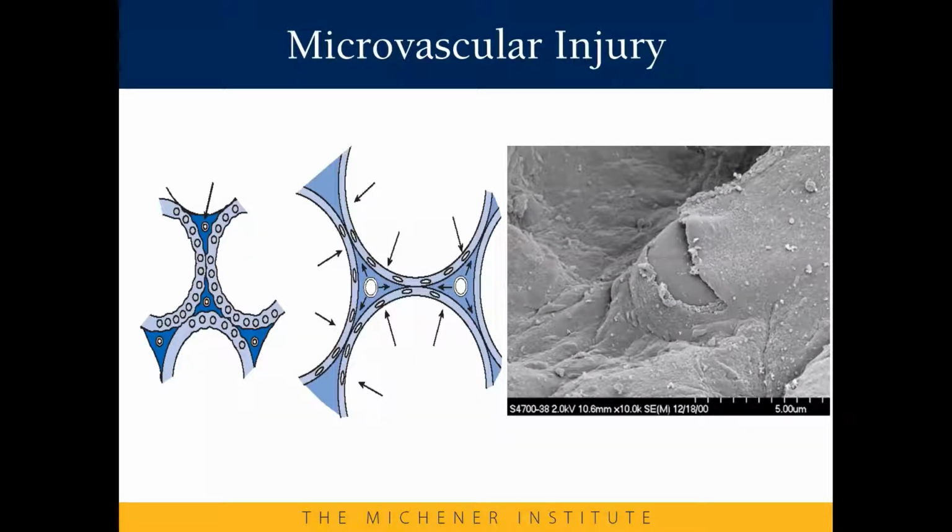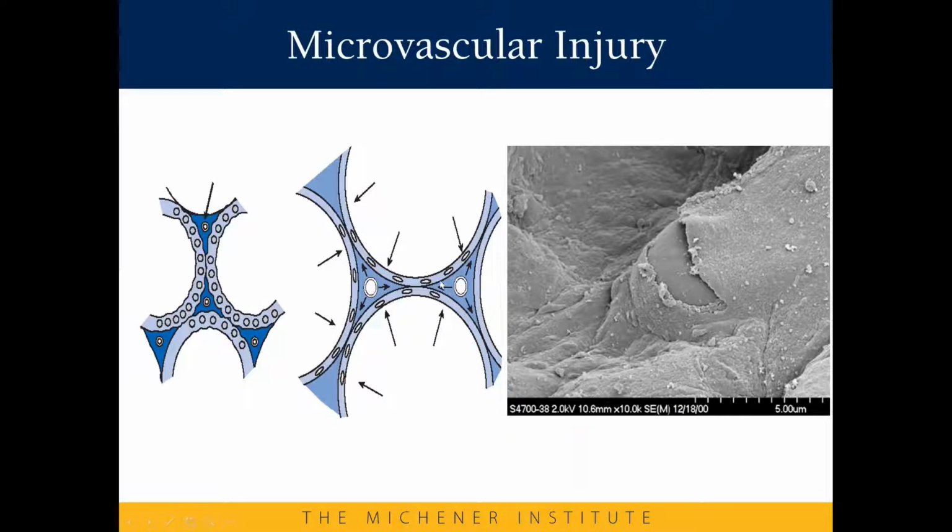So our microvascular injury, we're talking in this injury about shear forces that are happening, and they happen at the corner of vessels. So they happen at the corner of microvascular vessels. So in here, you can see where we're talking about.